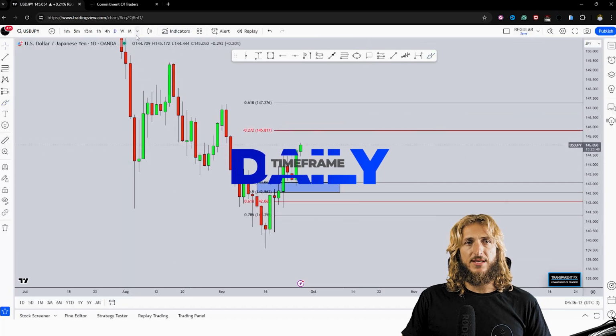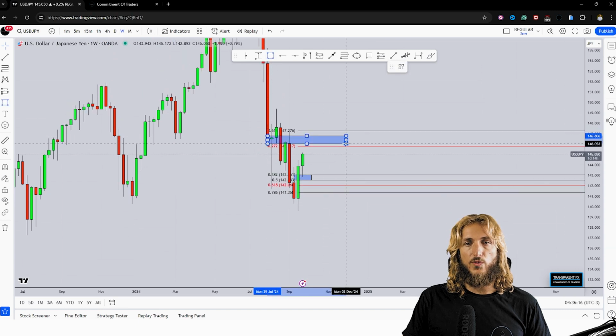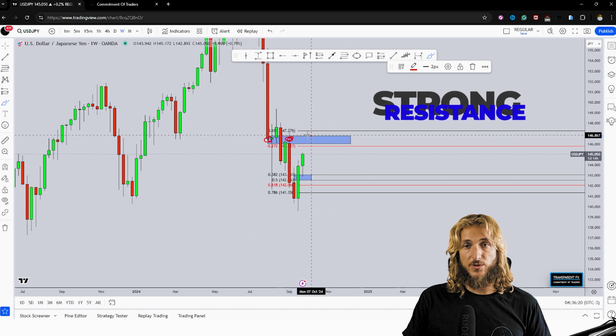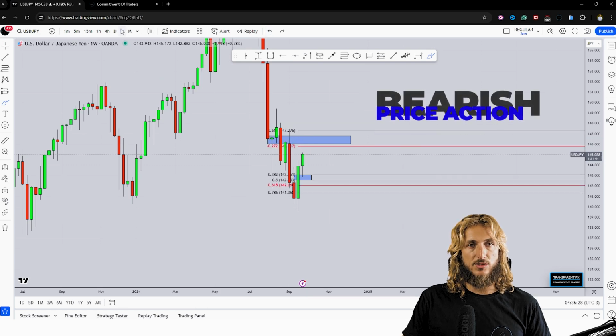So what this means is that if now institutions will manage to reach this zone, so this area of previous support, turn resistance here, which is currently still acting as resistance here, at that point, there is a good probability of seeing a potential reversal away from this zone.